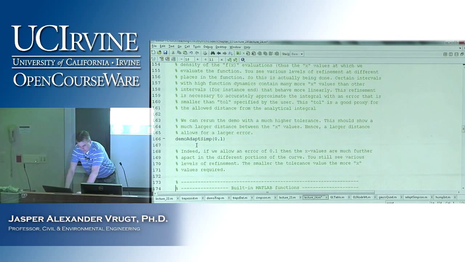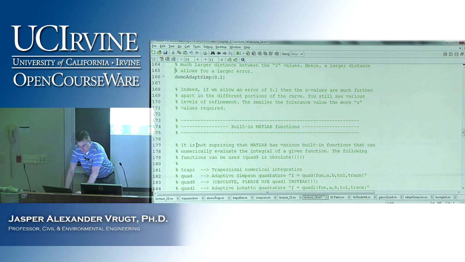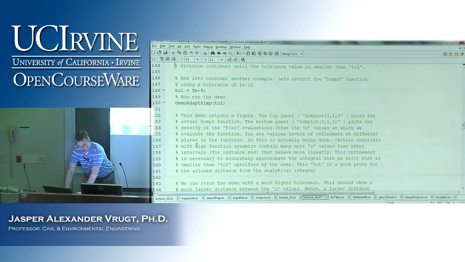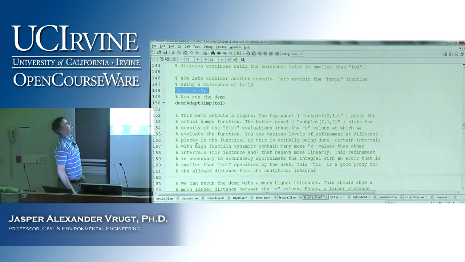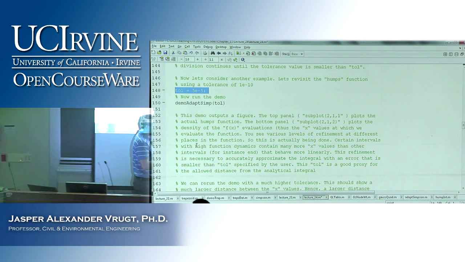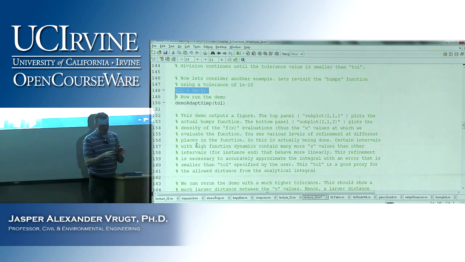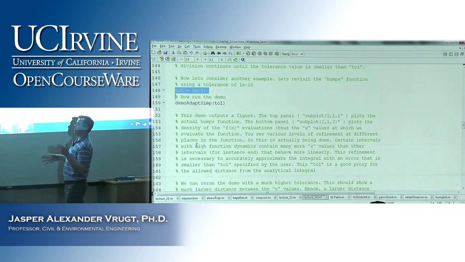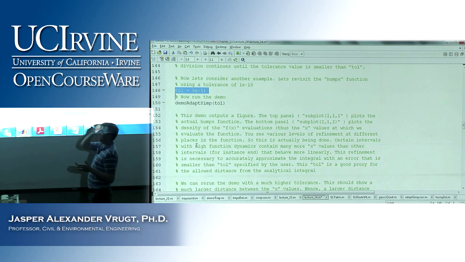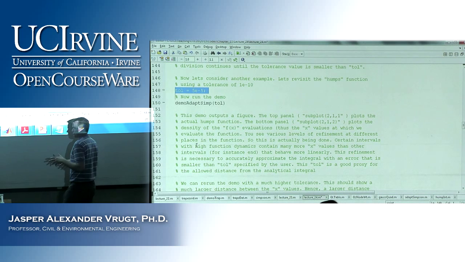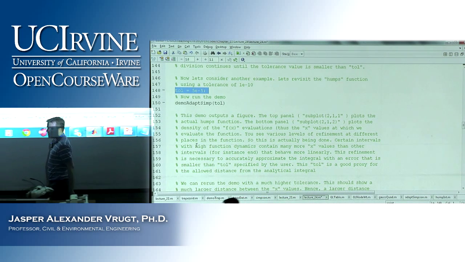So what you saw here is the result if I use a tolerance of 5e-5. Okay? So if I say, for me it's acceptable that the error between the true integral and the numerical estimate that we estimate with the adaptive Simpson is smaller than 5e-5.